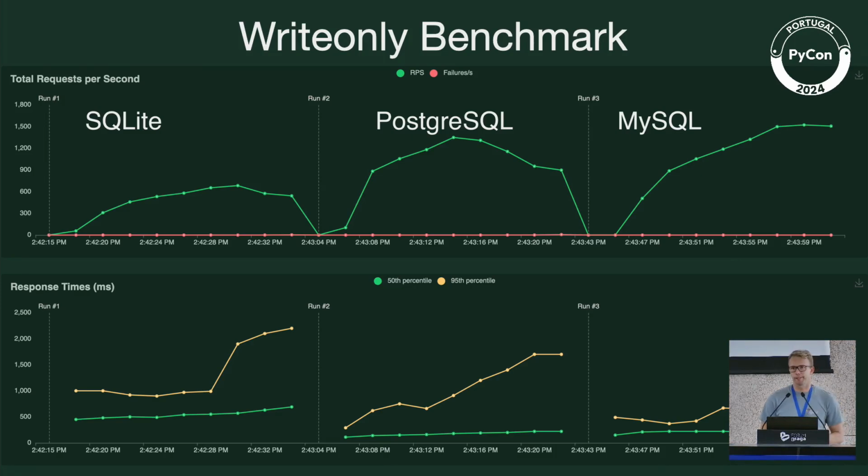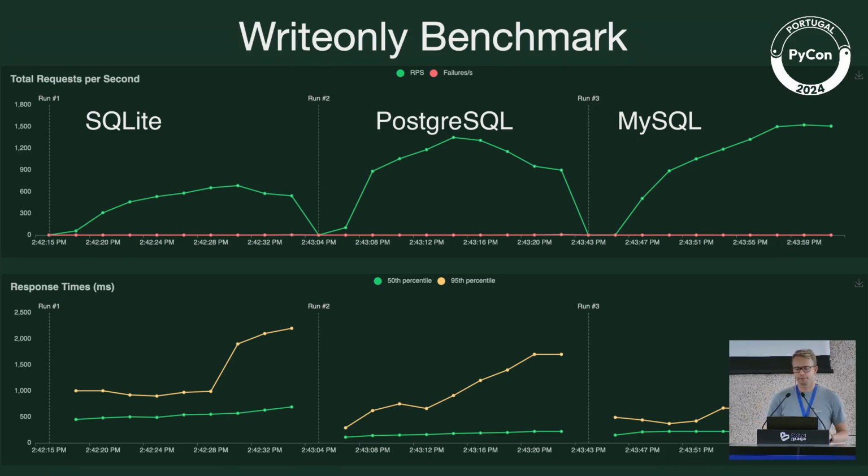And if we compare this with Postgres and MySQL, we can see that when we just make writes, no reads this time, the performance of SQLite is never going to be as good.